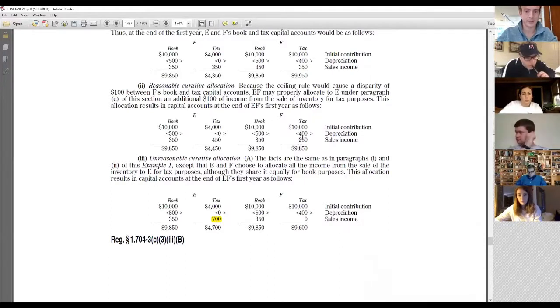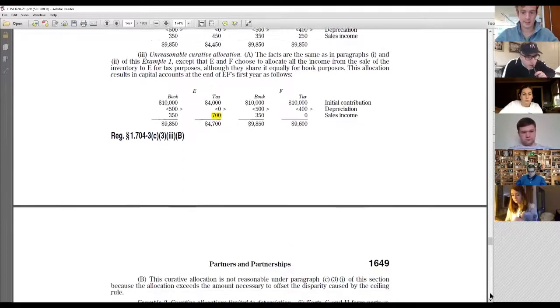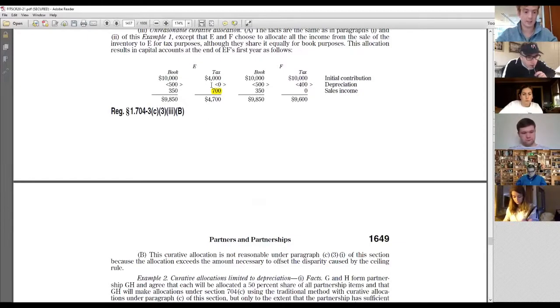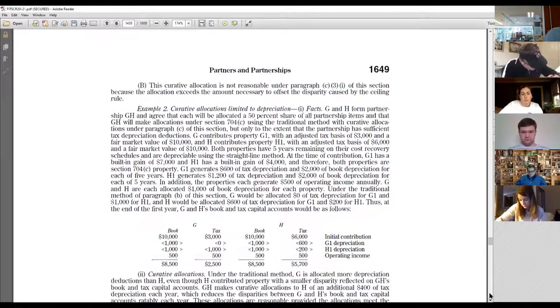So if this was fast or you need some more time to digest, I know this stuff is tough, but you've got the problems, go through it just like I did. But that's a pretty obvious unreasonableness. The limitations for curative are you have to use the same character and you can't overcure. You do the disproportion to the extent necessary to offset the ceiling rule and no more.